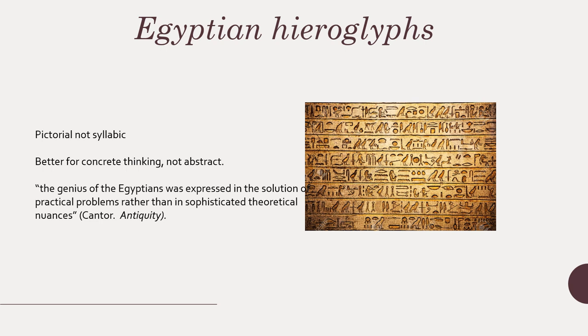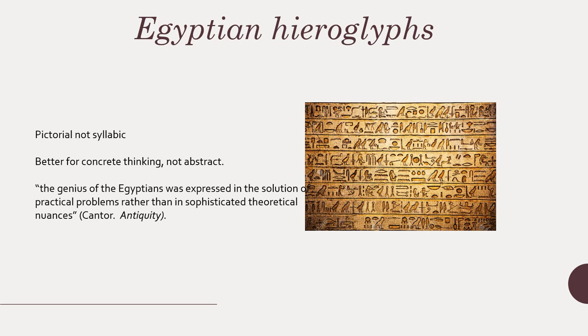It helped to organize religion, organize government, bureaucracy, certainly more so than if you have no writing, but it wasn't simple by any means. Norman Cantor: the genius of the Egyptians was expressed in the solution of practical problems rather than in sophisticated theoretical nuances. And you see this in some of the writing example you see here.